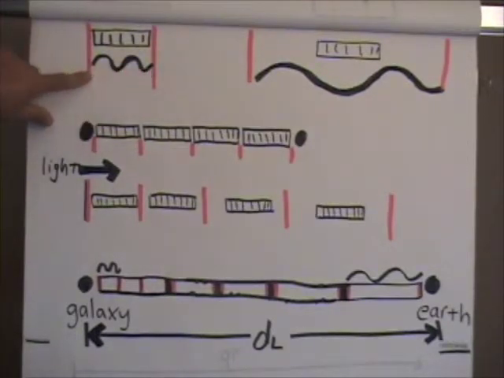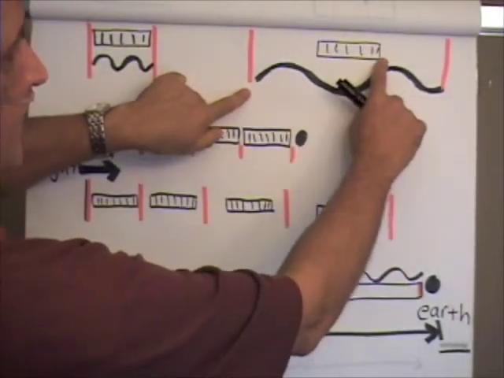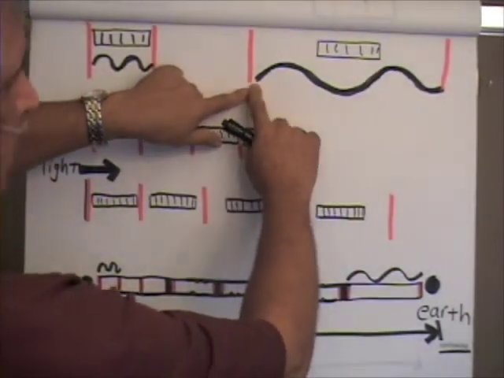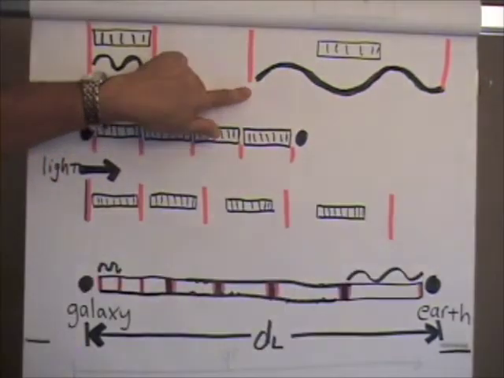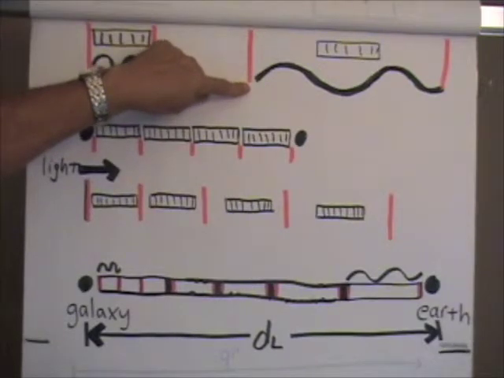So here's a packet of light being measured by a meter stick. Then as space expands, the meter stick stays the same length, but the wavelength of light expands with the space as the space expands.